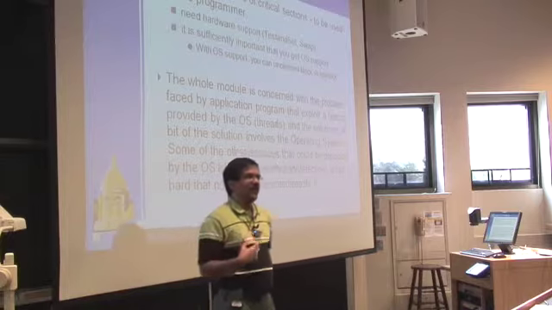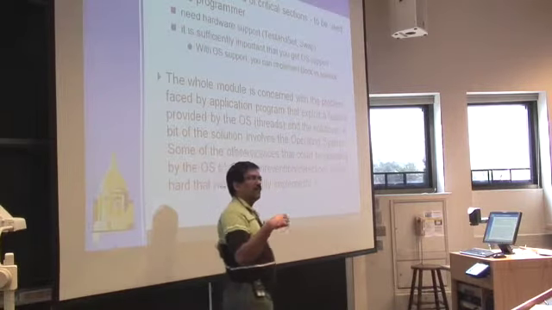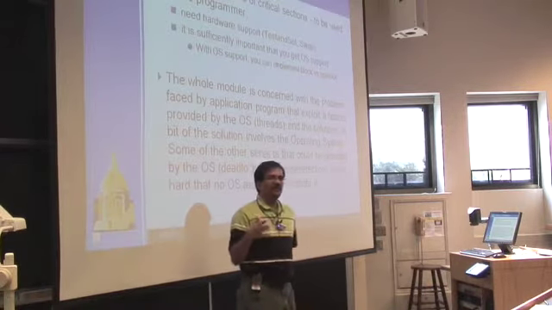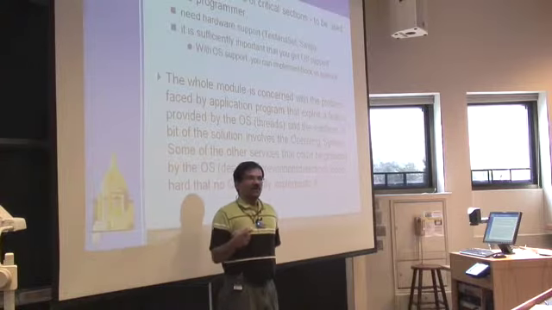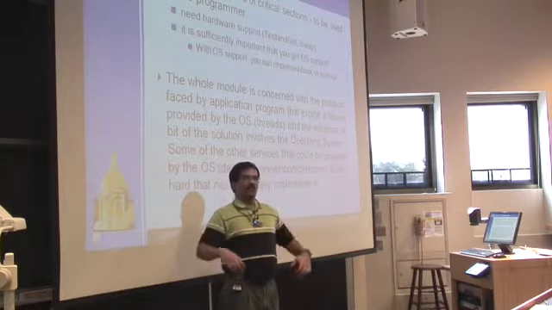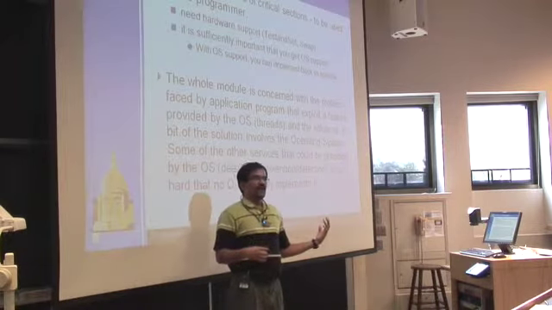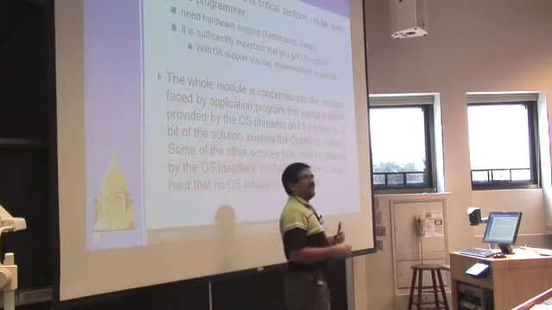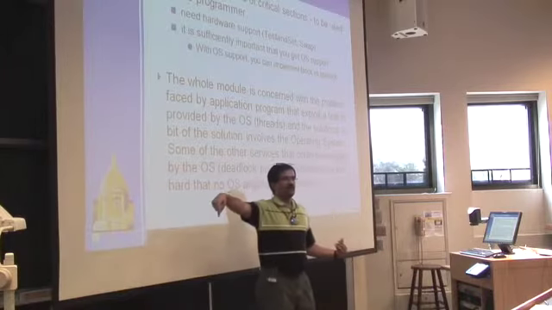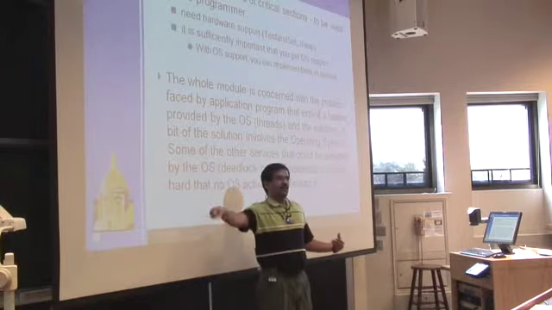Where the operating system can help is if you have to be blocked, if you're going to be waiting on something. You as a program cannot say, I'm going to put myself to sleep. You have to say, I'm going to sleep waiting for this condition, so when that condition happens, you have to wake me.